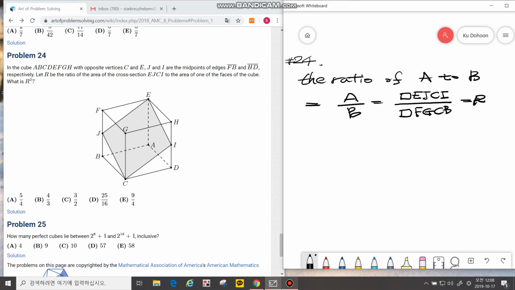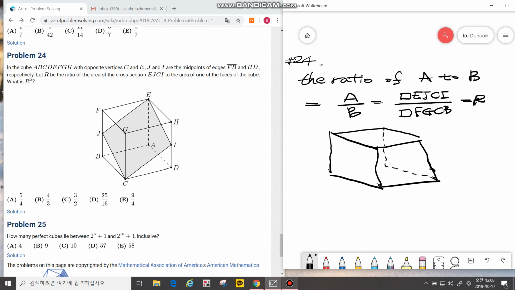But what's not given is the length. No length is given in this problem, so let me redraw all that here. We have a cube, and then we have the midpoint here, and another midpoint here.